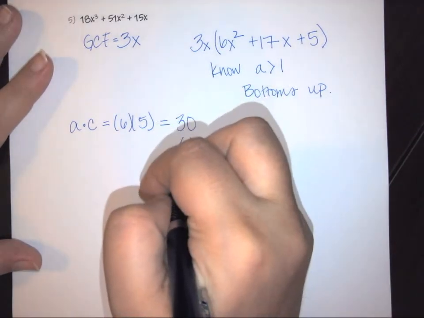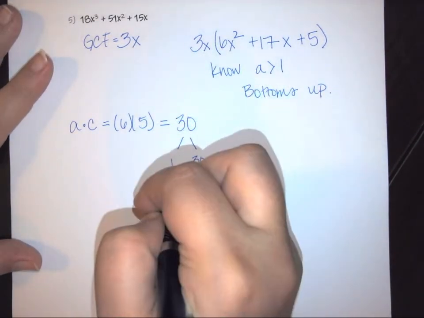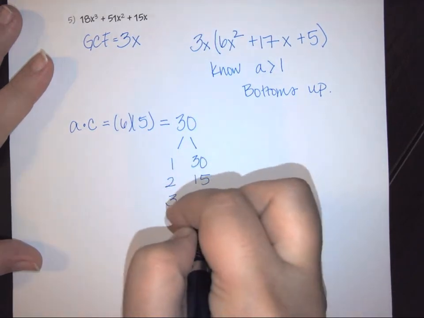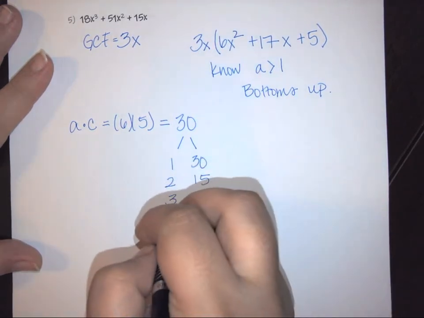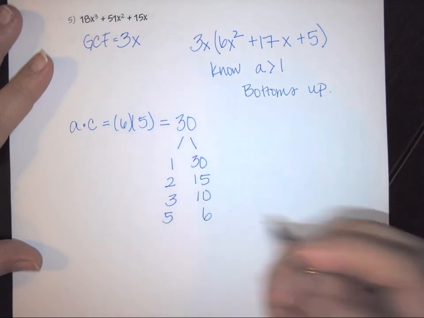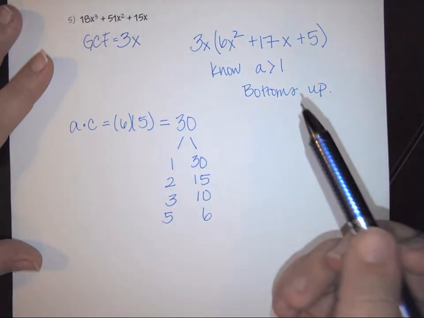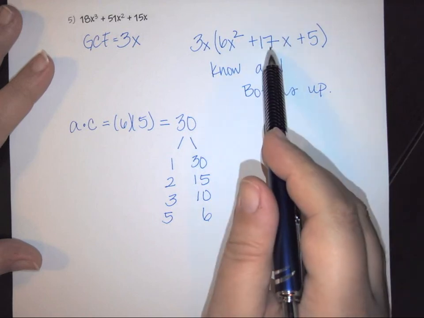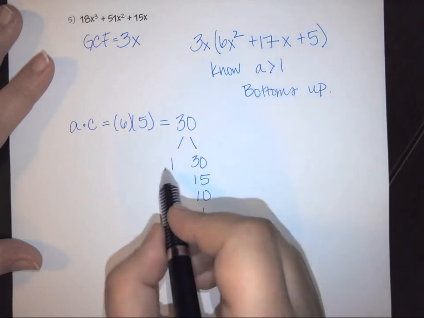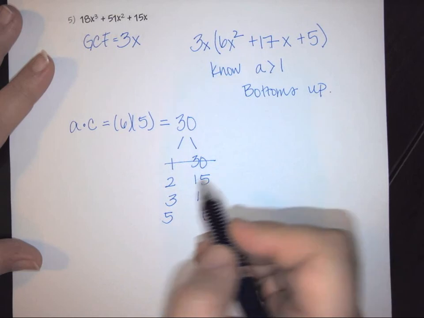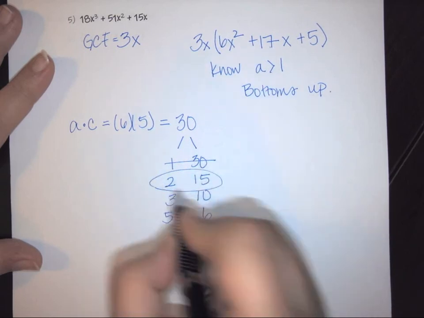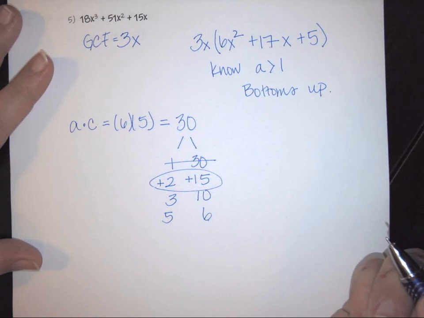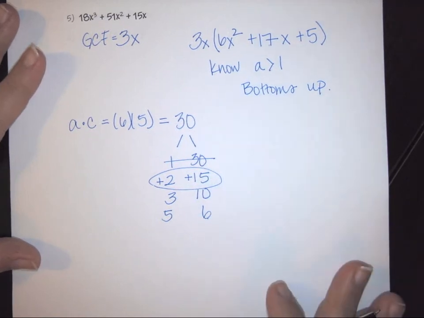So those would be 1 and 30, 2 and 15, 3 and 10, 5 and 6. And I need to know which combination of these, when added together, gives me 17. Well, 1 plus 30 doesn't work, but 2 plus 15 is 17, so both of these are positive. Thus, I found my factors.